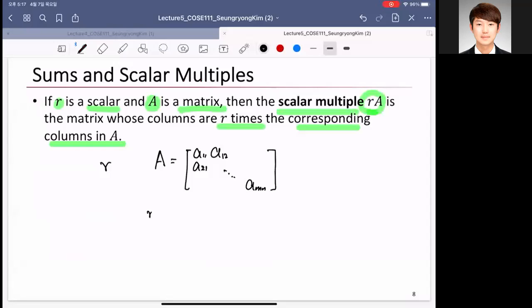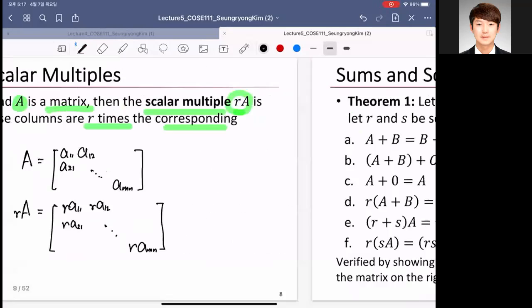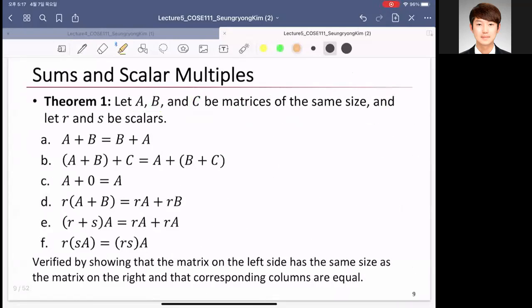Then rA is defined like rA11, rA21, rA12, up to rAmn. Very intuitive, right? Based on this summation and scalar multiplication in the matrix domain, I would like to introduce Theorem 1.